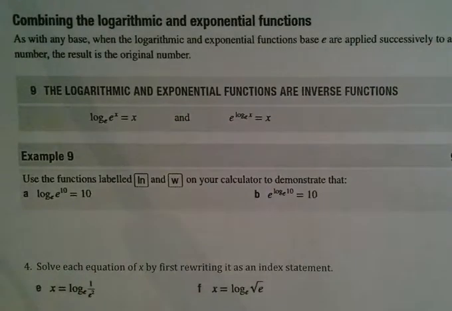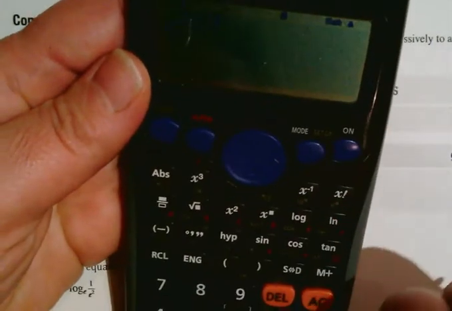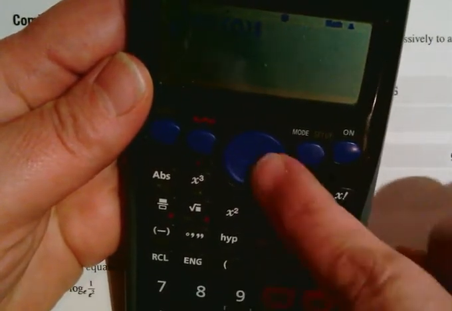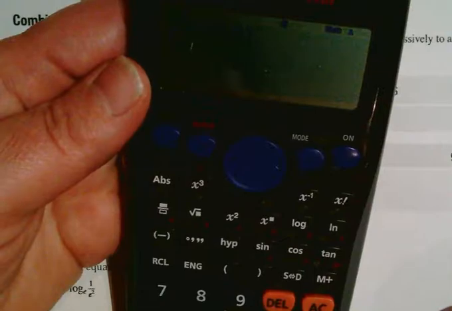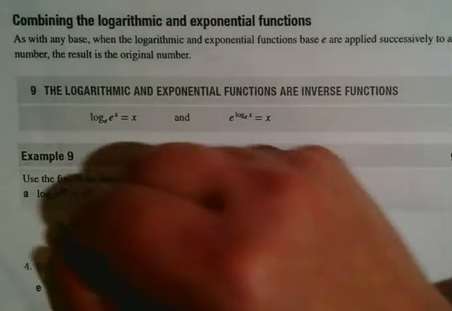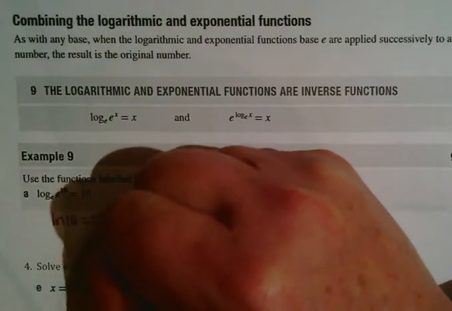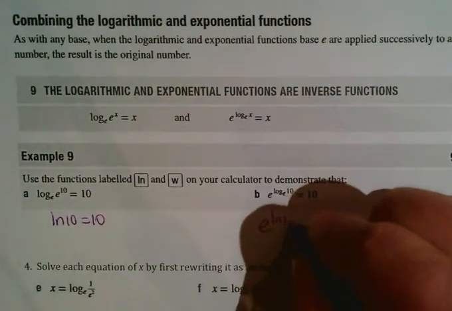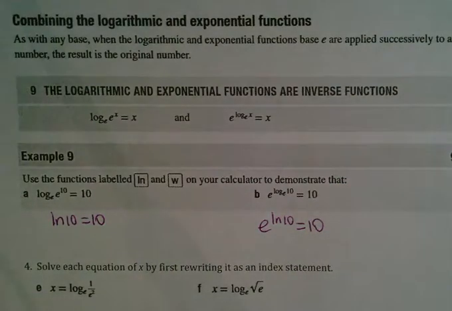And e to the power of ln 10, you can do that on your calculator as well. So you've got e and then ln 10. So that's e to the power of log to the base e of 10. You can see that that's 10 as well. So ln 10 on your calc is 10, and e to the power of ln 10 we know is also 10.